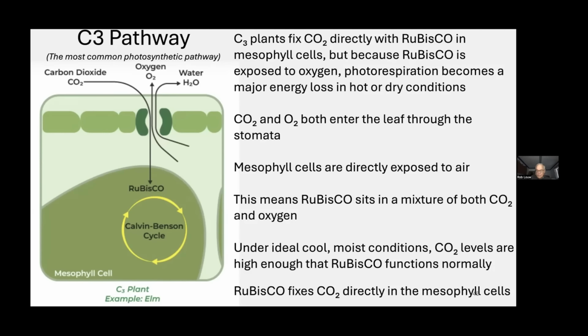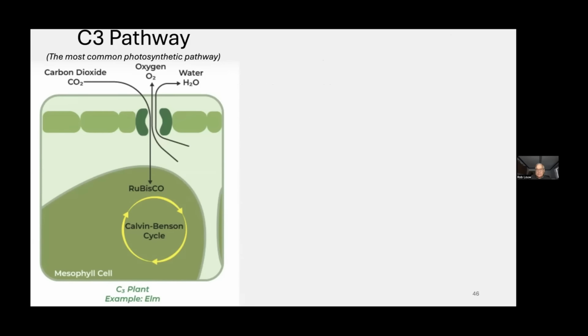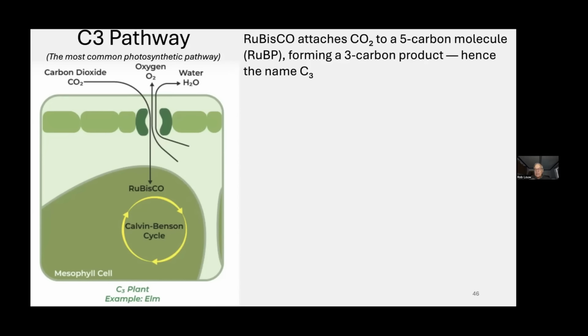And it fixes the carbon dioxide directly in the mesophyll cells. What then happens is that the rubisco attaches carbon dioxide to a 5-carbon compound, which is RuBP, forming a 3-carbon product, hence the name C3.